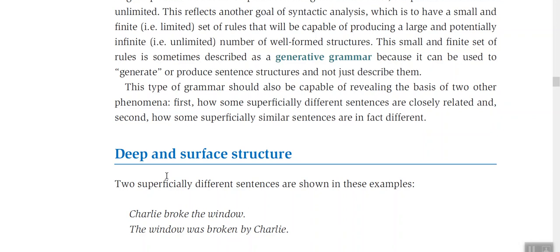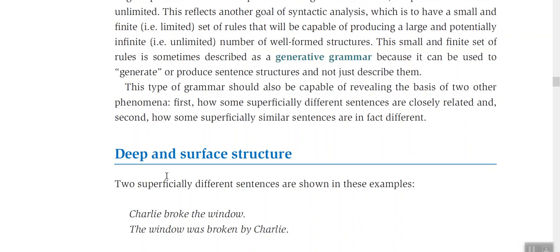They are both within the transformational generative grammar. All of them were created, or coined, by Noam Chomsky in 1960. Deep structure and surface structure. Okay?